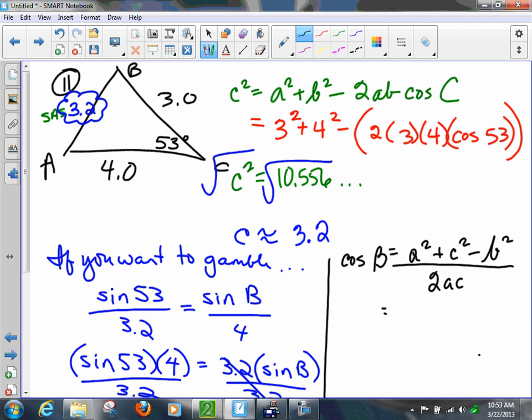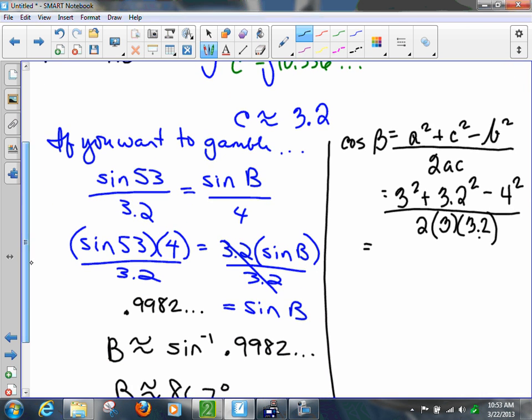A is 3 squared plus C is 3.2 squared, which I had just solved for, minus B squared, which is 4. Y'all, if you watch this and make sure I do everything correctly, C is 3.2. Y'all with me? And I've written everything correctly, right?